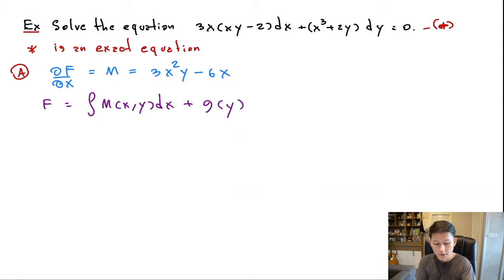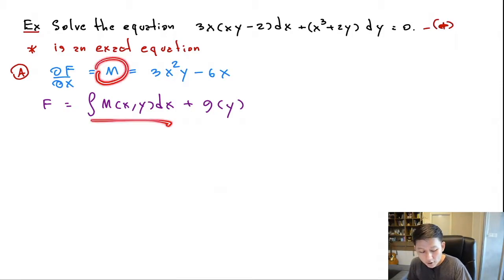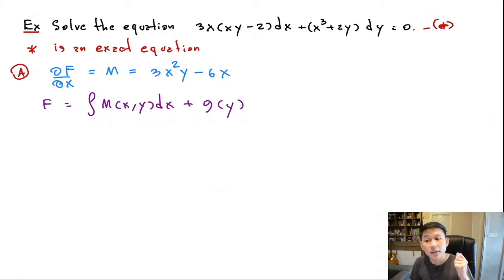The integration of df/dx gives us f, the integral of the derivative is f. And then we integrate M by x. We have a constant term, but the constant term is in terms of y. Don't forget, we are in the partial derivative and partial integration world.